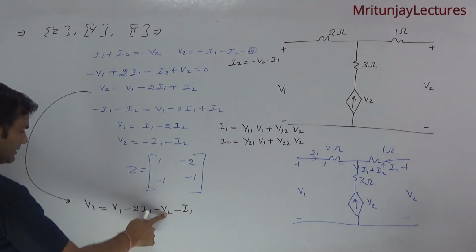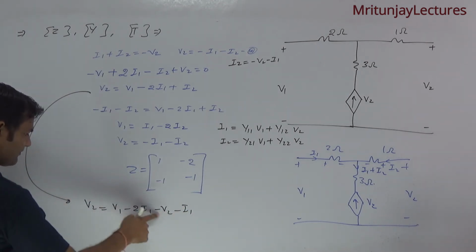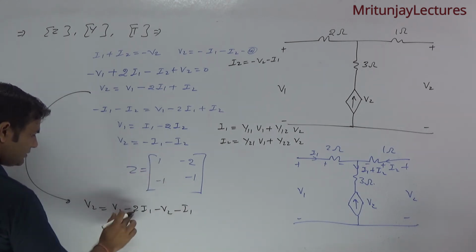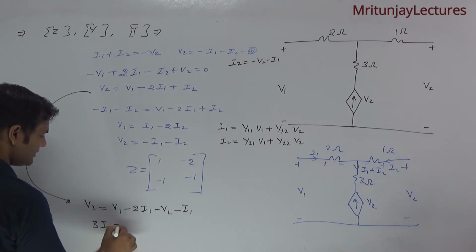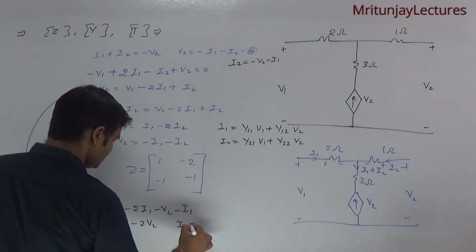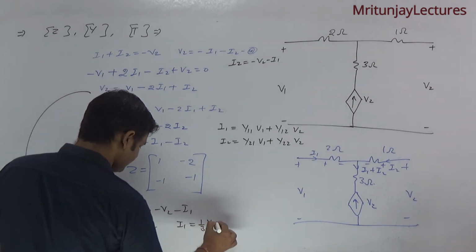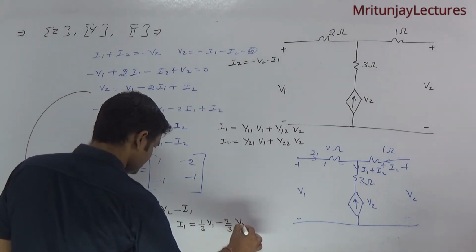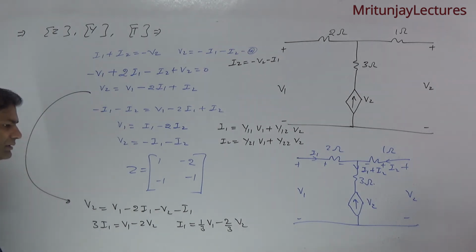Okay, so if this one, that is minus 3 I1, if 3 I1 corresponds to here, then V1 minus 2 V2. So I1 is written as 1 by 3 V1 minus 2 by 3 V2.